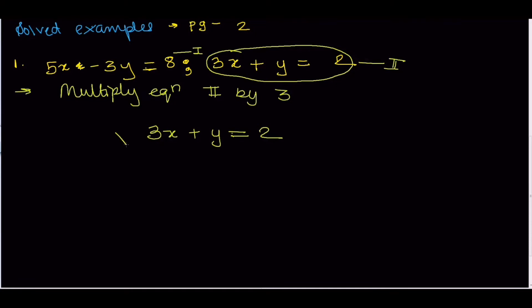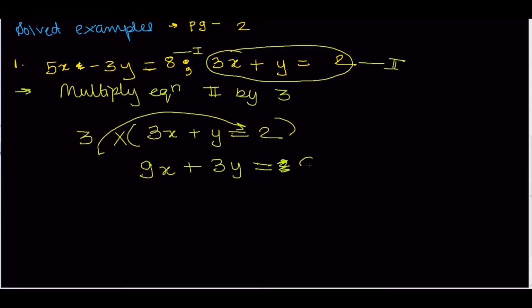Now let us take equation 2 and multiply it by 3. Multiplying equation 2 by 3, we get 9x plus 3y equals, 3 into 2 will become 6. So 9x plus 3y equals 6, and we will name it equation number 3.